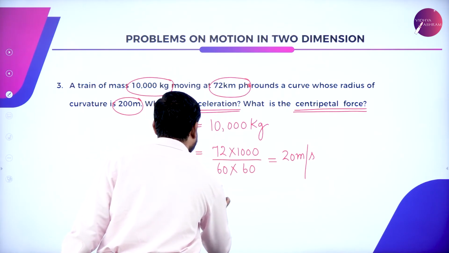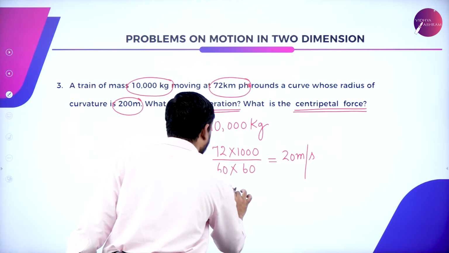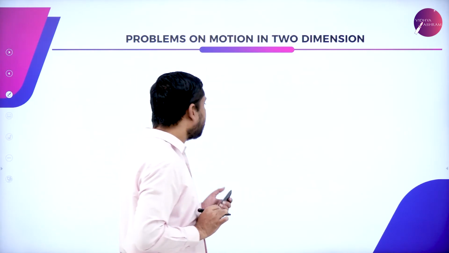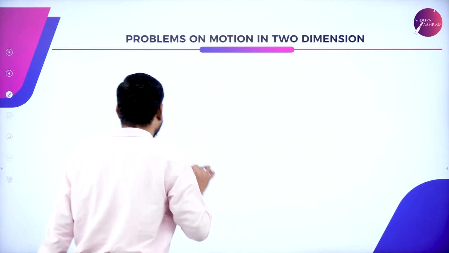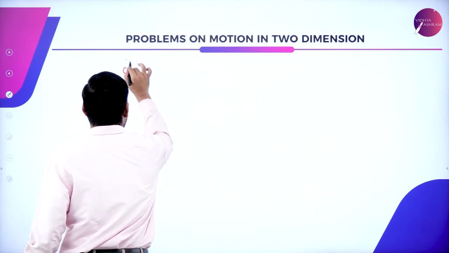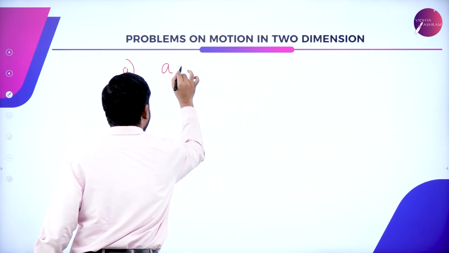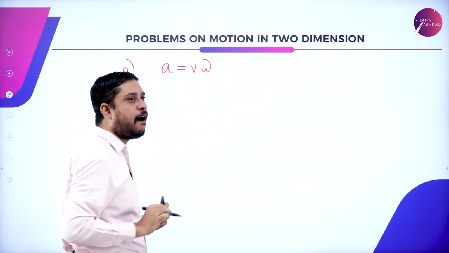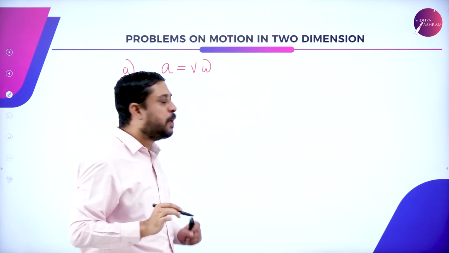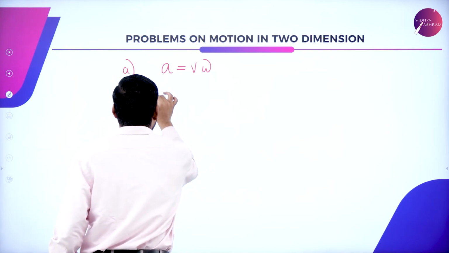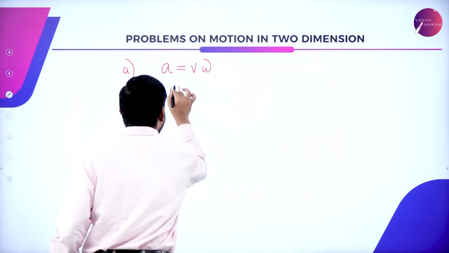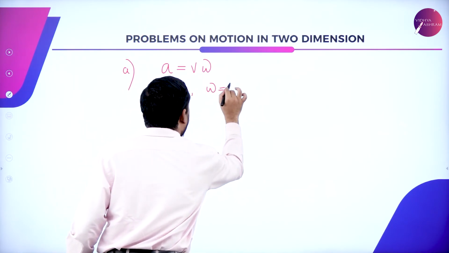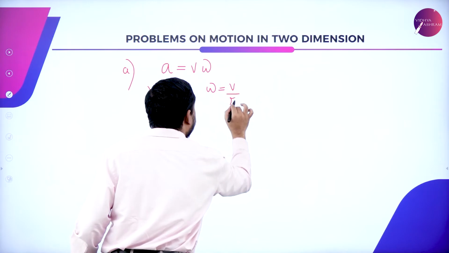And the radius is 200 meters. The first part, I will calculate the acceleration where I use a equals v omega. But we know also v is omega times r, so omega is v by r.